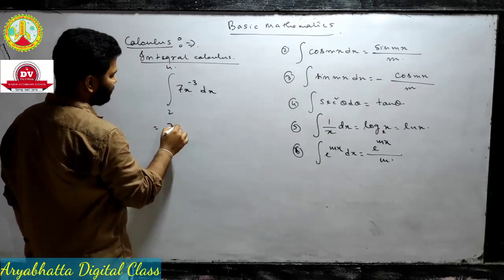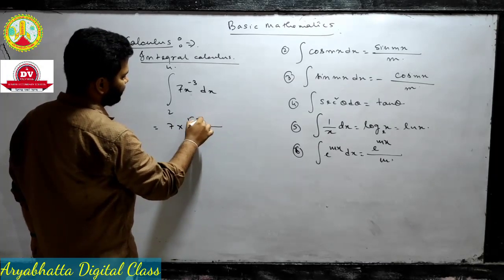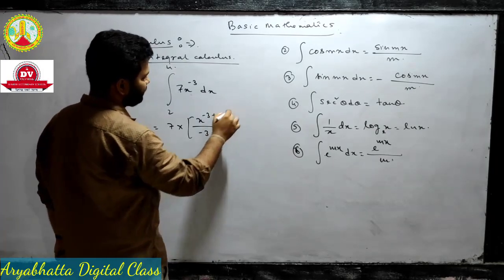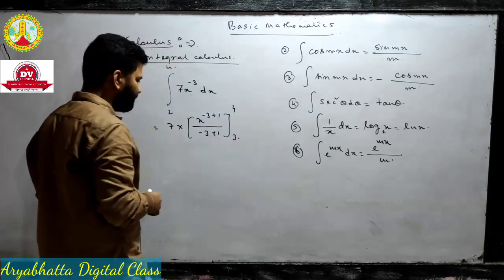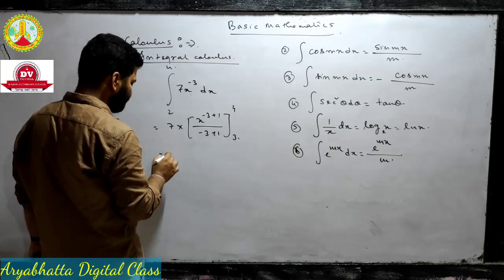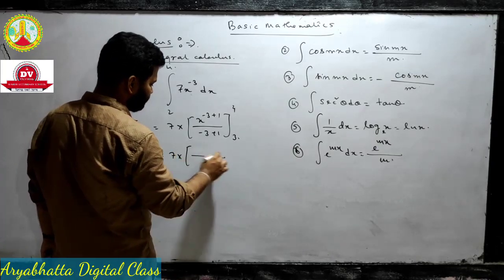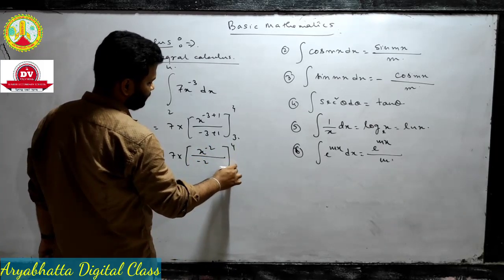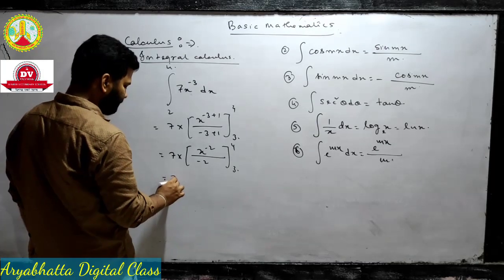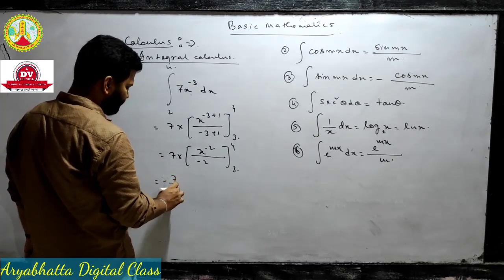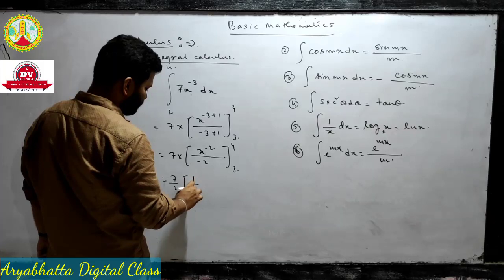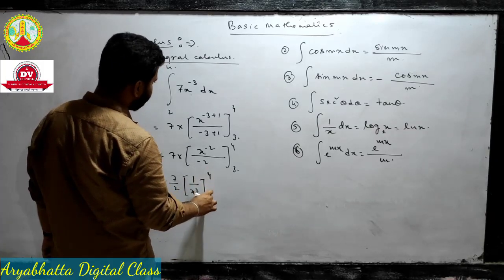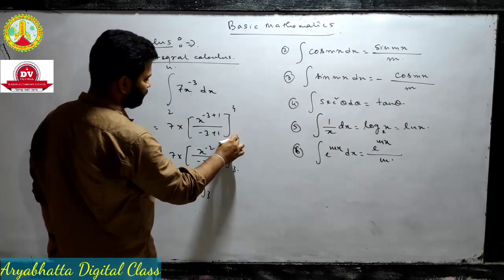First do the integration, 7 x to the power n plus 1 by n plus 1, upper limit 4, lower limit 2. So it will be 7 into x to the power minus 2 by minus 2, 4 by 2. Then it will be minus 7 by 2, 1 by x square, upper limit 4, lower limit 2.